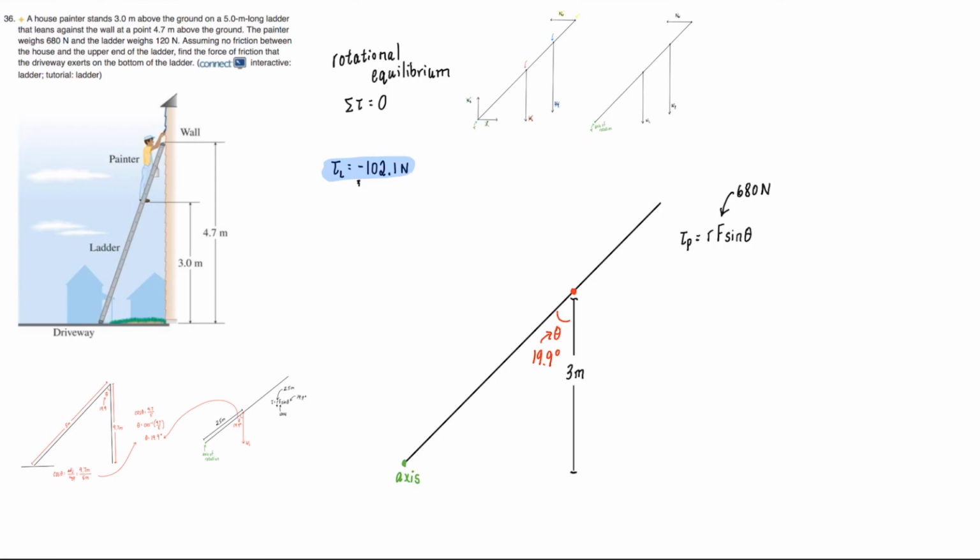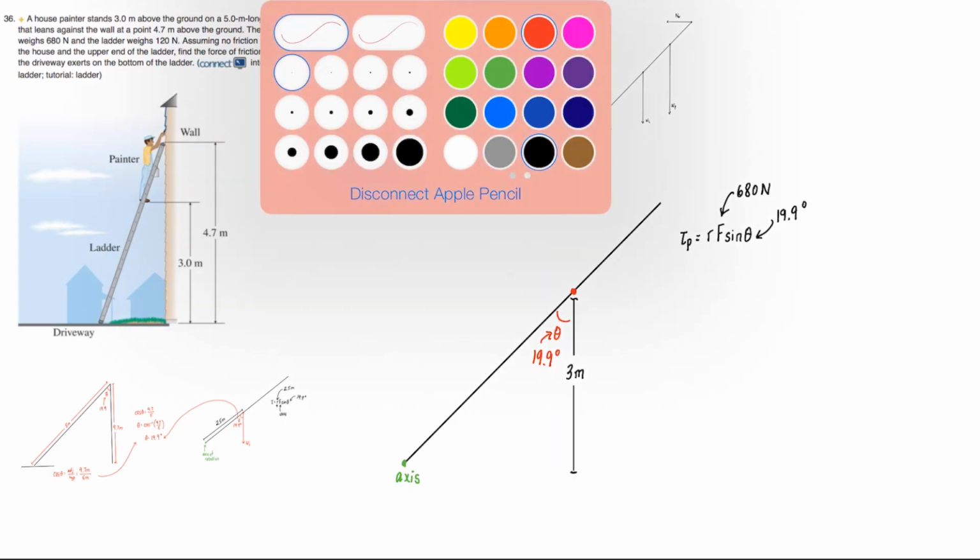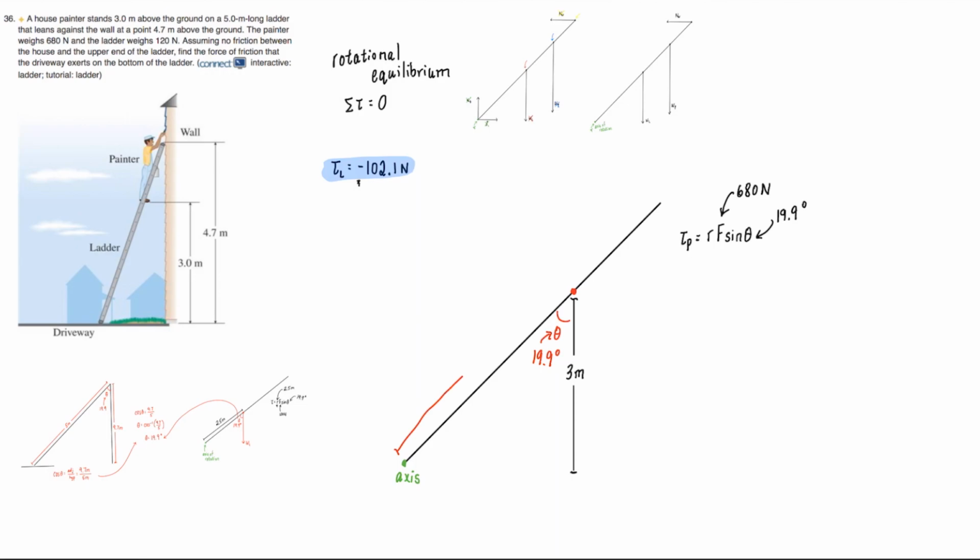The angle is just going to be that 19.9 degrees. As for the radius, that's something we're going to have to calculate. So the radius, again, is just the distance between the painter and the axis of rotation. So it's essentially just this length right here.